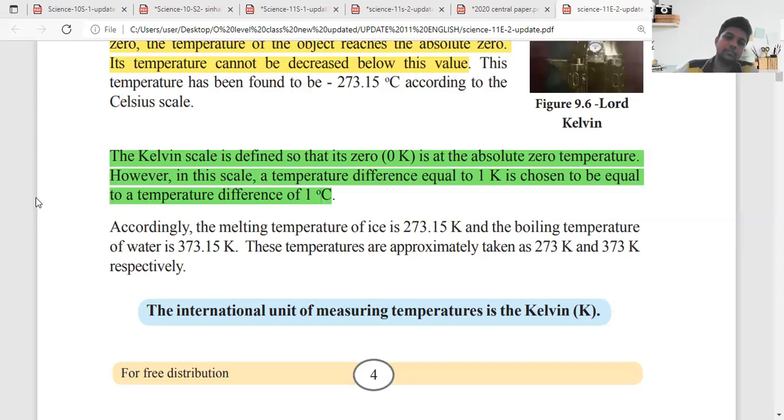The Kelvin scale is defined so that 0 Kelvin is the absolute zero temperature. Okay? Is that clear?